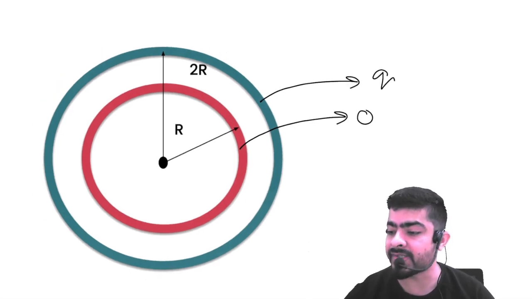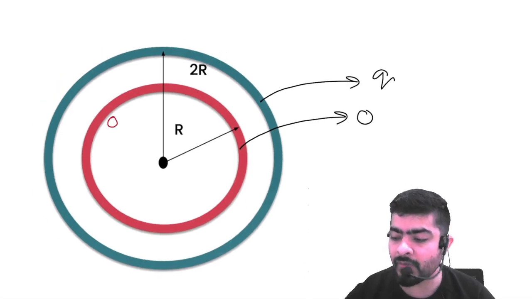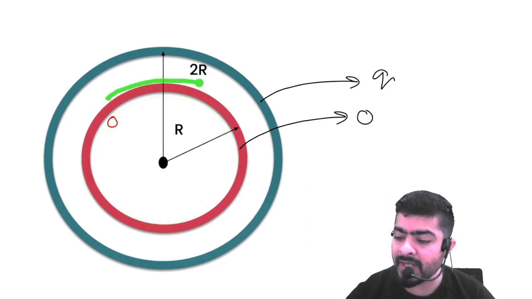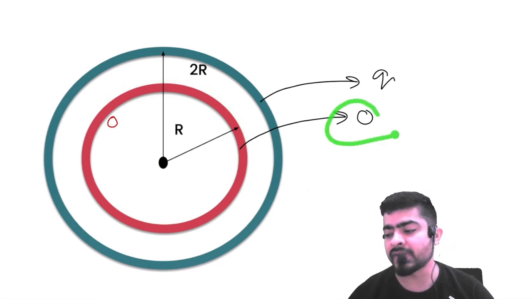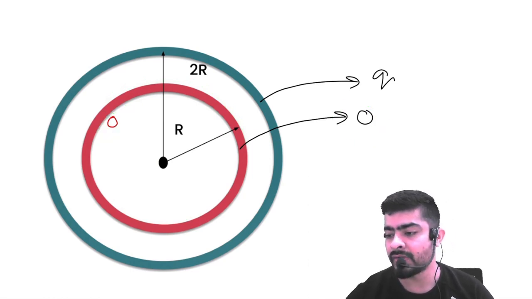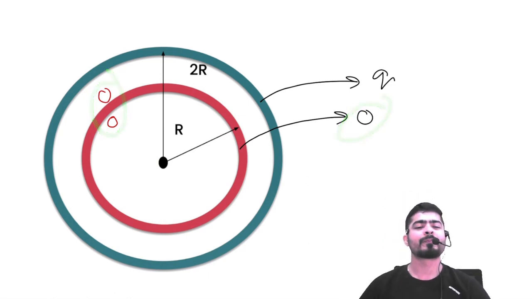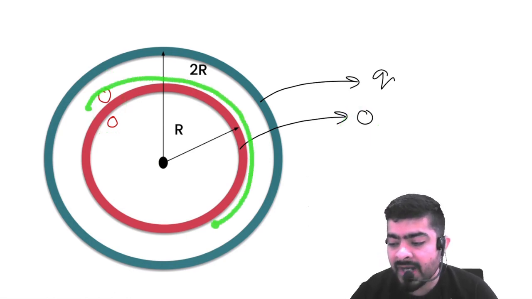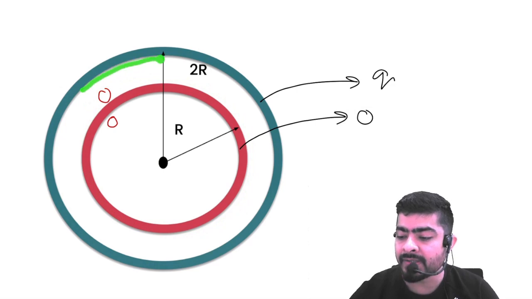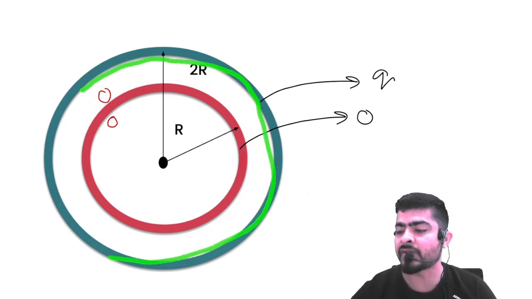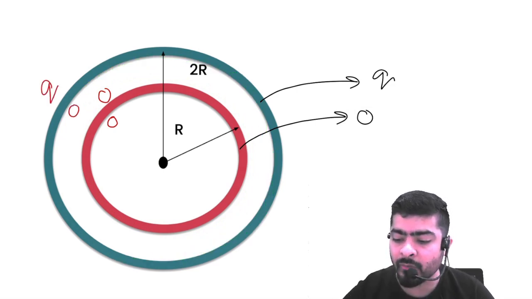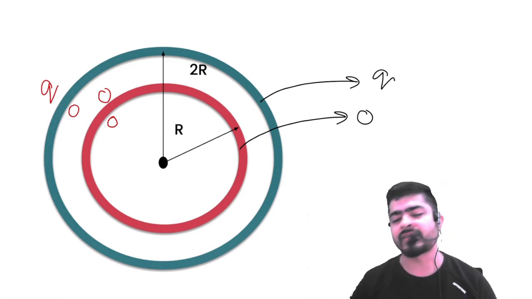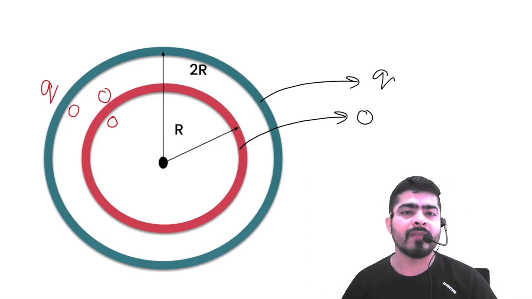So when you find the distribution, obviously first of all inside there will be no charge. Then on the outer surface what will happen? Total charge is 0, this is 0. So here also we get 0, so that the sum of these two remains 0. And since there is no charge present over here, the cavity of the outer shell will also have 0 charge. So we only get charge q on the outside. That's your charge distribution. Alright?